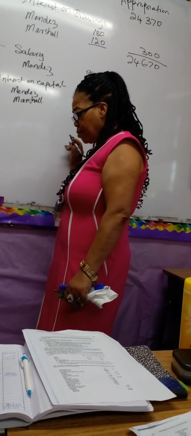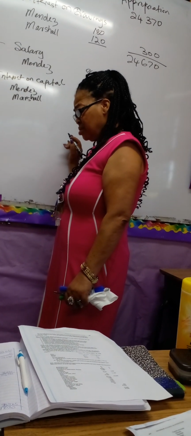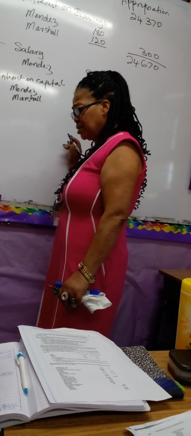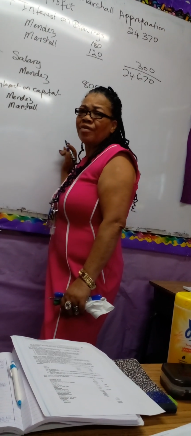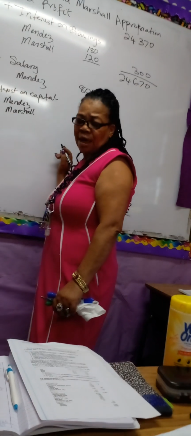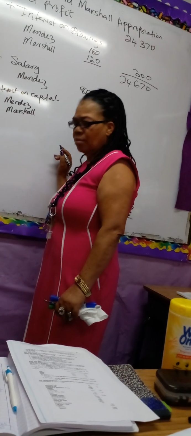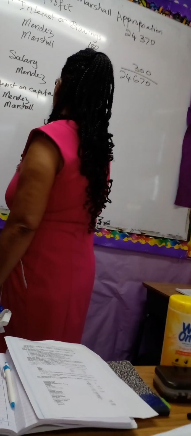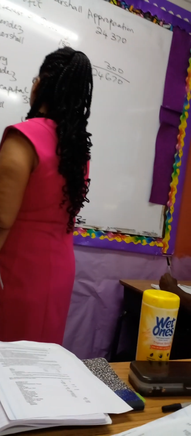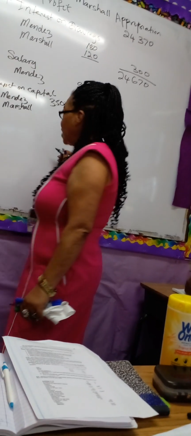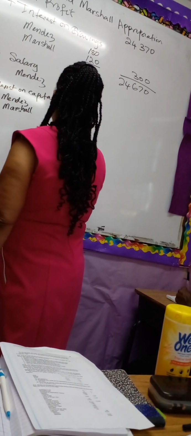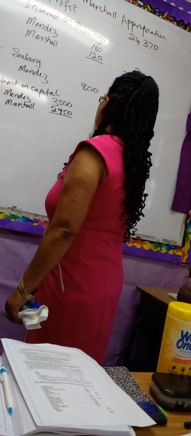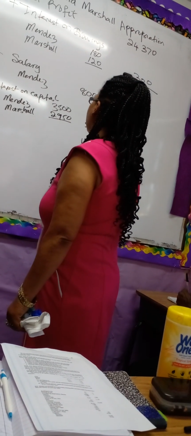His capital was 35,000. So 10% of 35,000 is 3,500 for Mendez, and for Marshall, it's going to be 2,950. So I have to add these two.